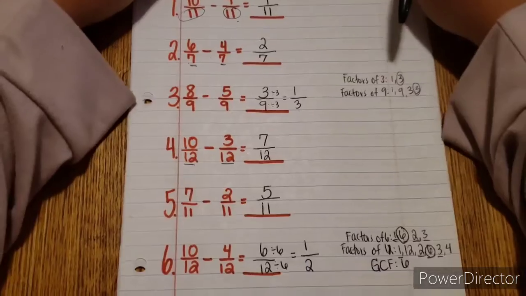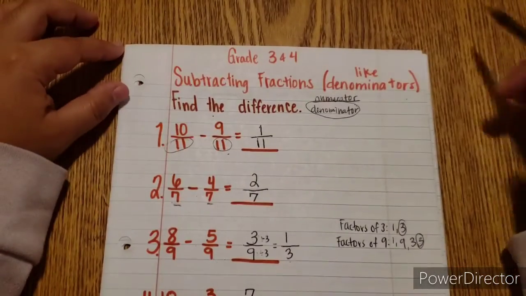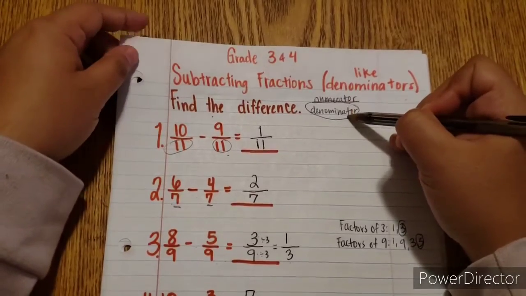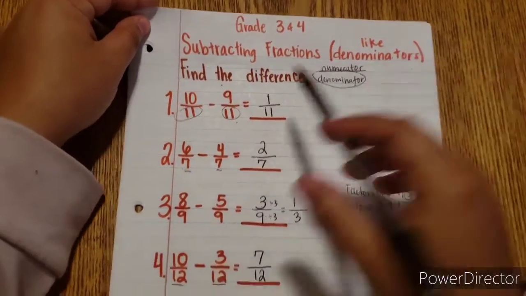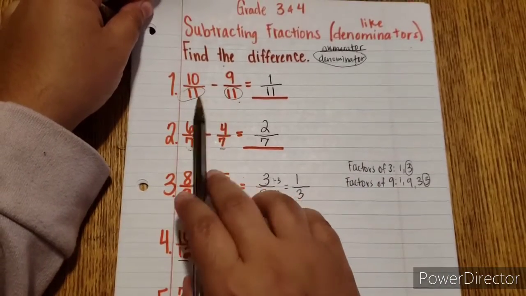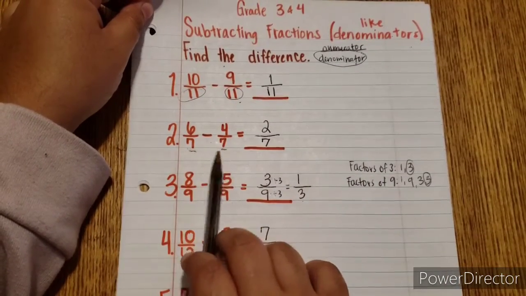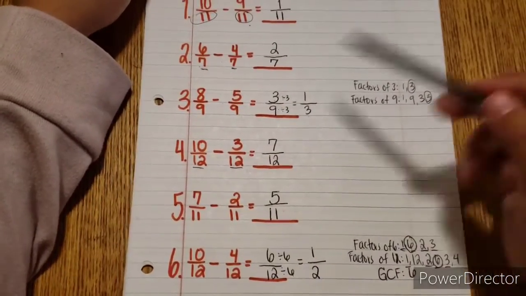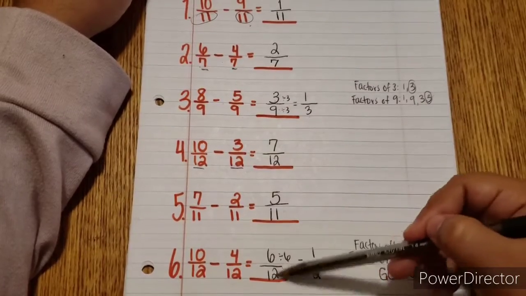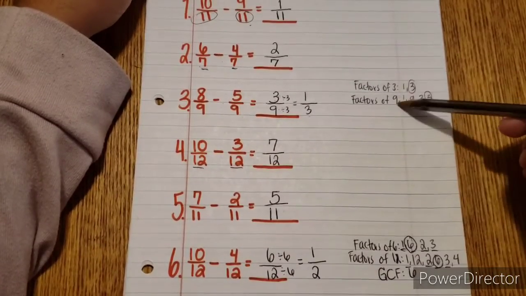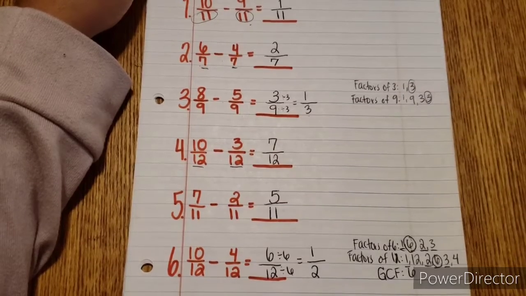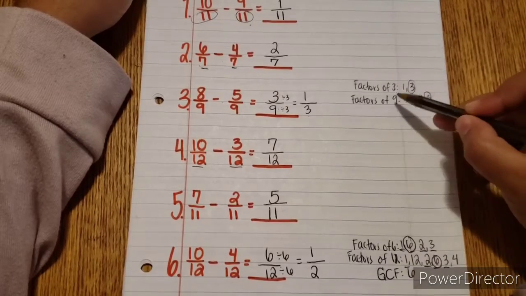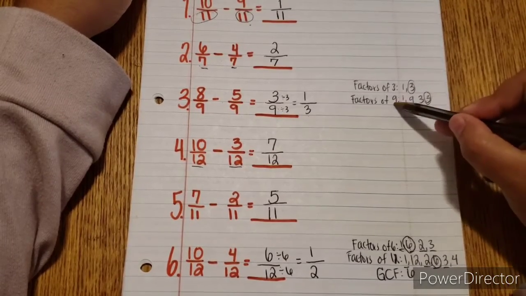So remember, we looked at subtracting fractions with like denominators. Again, a fraction is a numerator and a denominator. So we have like denominators, so the bottom, which is the denominator, have to be the same. And if you look at number 3 and number 6, these can be simplified by finding the factors of each number. So we have 1 times 3 is 3, and that is it. 9, we have 1 times 9 equals 9, and 3 times 3 equals 9.